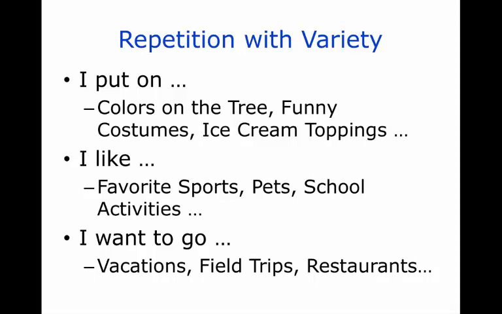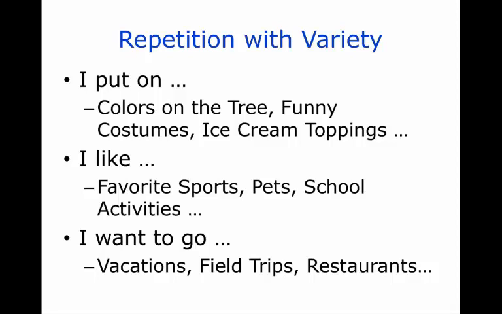The sentence stem, I put on, could be used to write about the colors of leaves added to a class tree. I put on could be used to write about funny costumes with choices like a cape, a mask, glasses. I put on could be used to write about ice cream toppings.